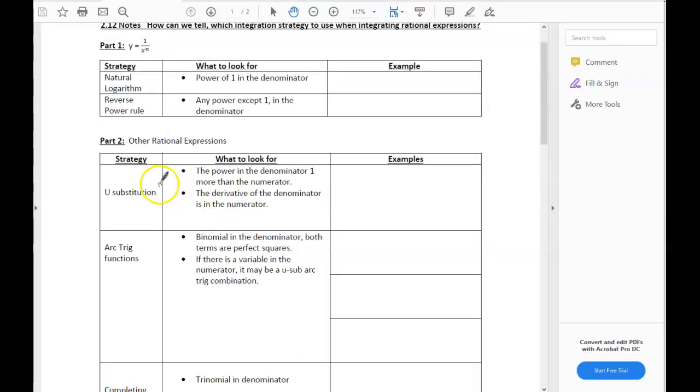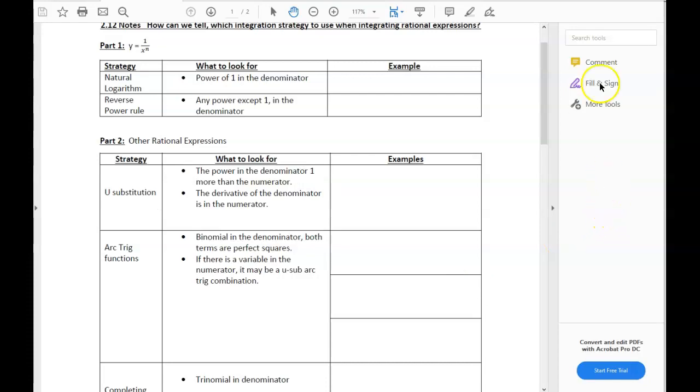Let's go ahead and take a look at this. Now, this next problem is also a u-sub problem. Not because the power in the denominator is 1 more than the numerator, but because of this. Another way to identify a u-sub problem is because the derivative of the denominator is in the numerator.